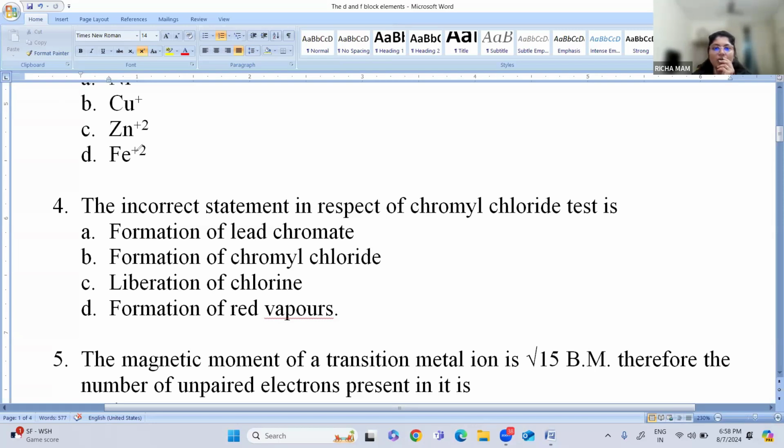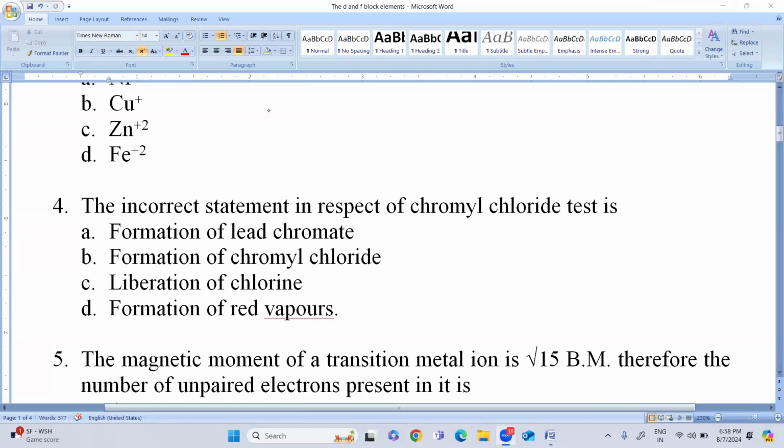Did you start with the salt analysis in your college? Did you start with the laboratory practicals? Even in the first year you might have studied it, but you might not have done this chromyl chloride test. So what is this test?